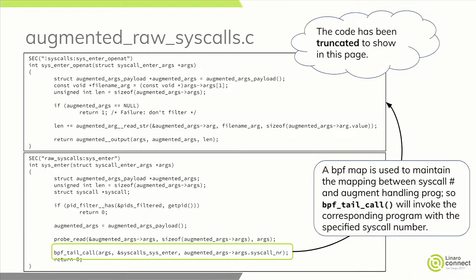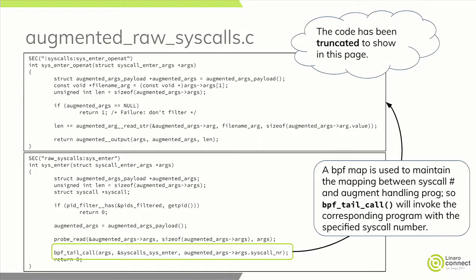On the bottom part, we can see that every system call runs into this program, and it uses probe_read to read out the system call arguments. But these are just the raw arguments. There are some values, for example strings, so it needs to call BPF tail call. Why does it do this?